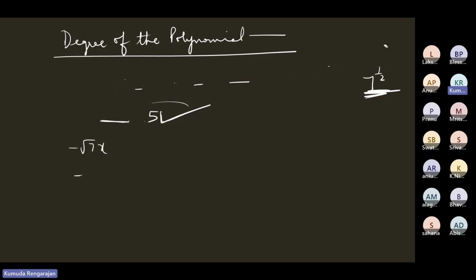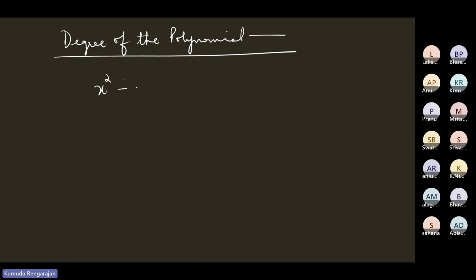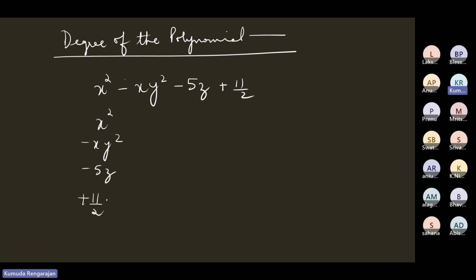In case the polynomial has more than one variable, you should know that also. Supposing the polynomial has more than one variable, like x square minus xy square minus 5z plus 11 by 2, which is nothing but x.